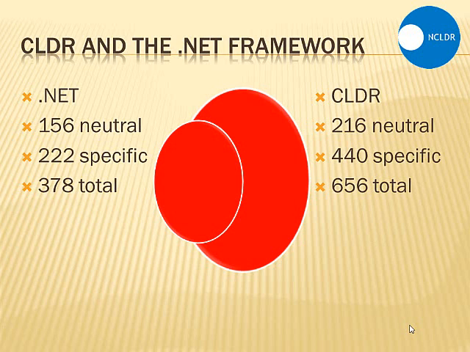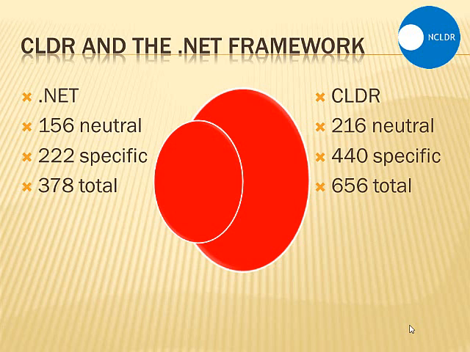That gives us a total of 378 cultures in the .NET framework. If we compare this with the CLDR, it has 216 neutral cultures, 440 specific cultures, and 656 cultures in total. That's significantly more than the .NET framework.